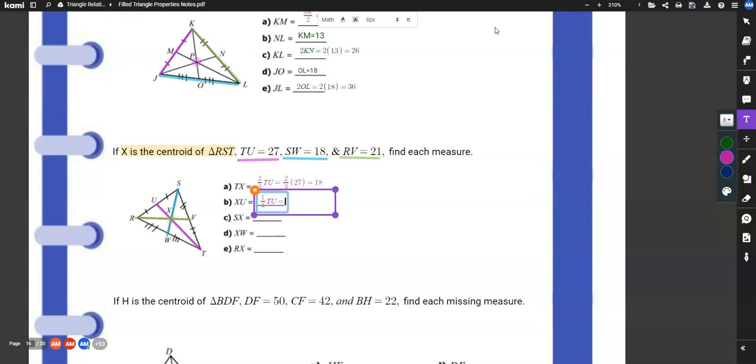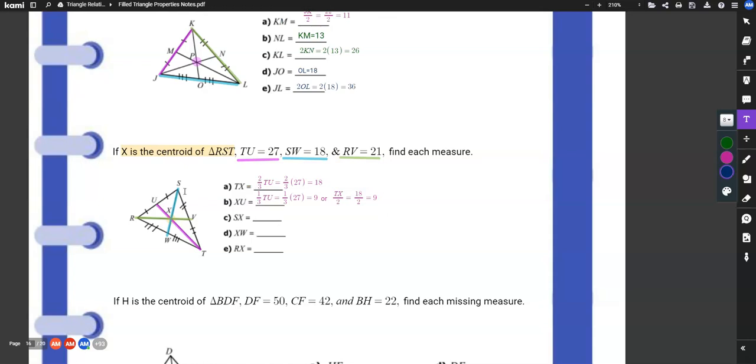So TU is 27 times 1/3. 1/3 times 27 is 9, like I said. Or we could have TX divided by 2. And since TX is 18, divide that by 2, and we still get 9. So either way you choose to do it, the answer is still 9.